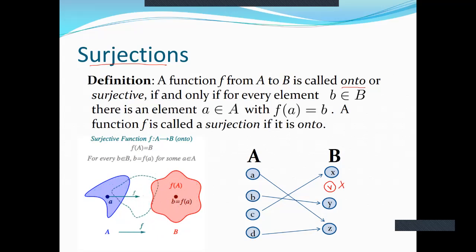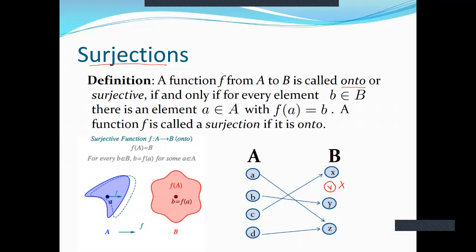So what does it mean? In an onto function, all the elements in set B must have a pre-image in set A, right? So no element in set B is left without mapping. That's what it says.